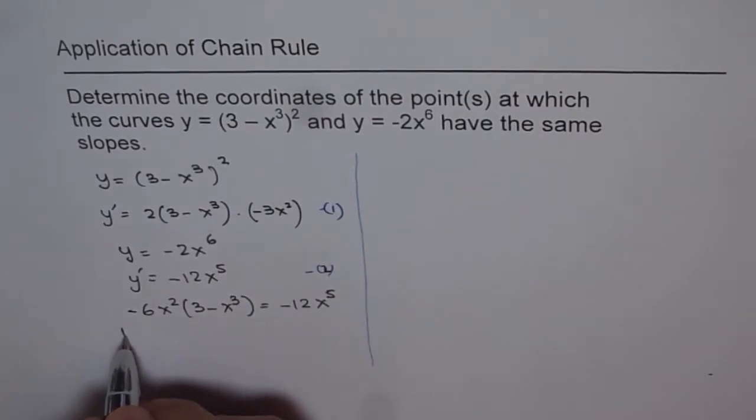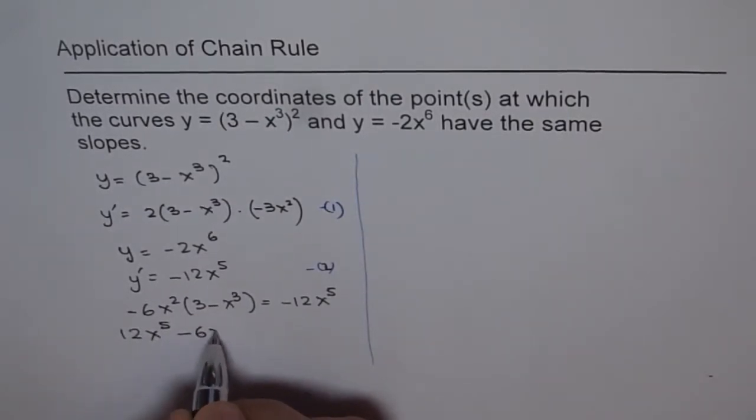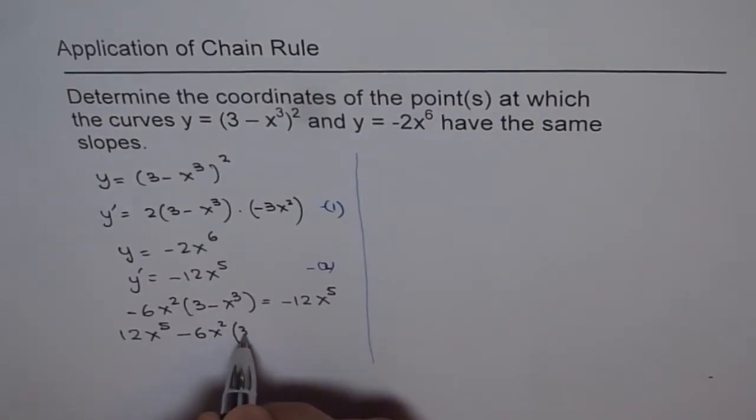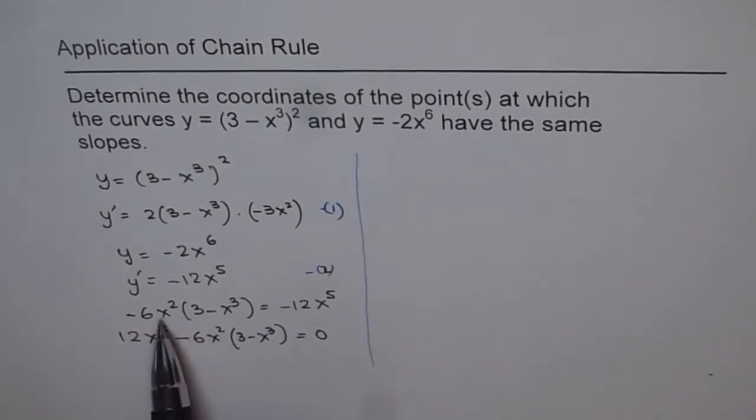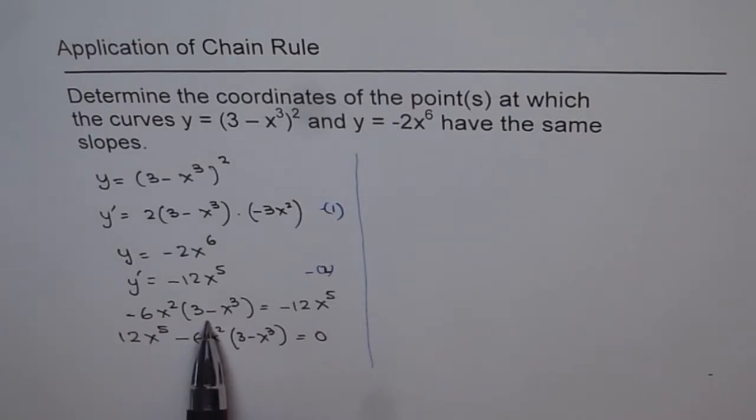So we get 12x to the power of 5 minus 6x squared times (3 minus x cubed) equals 0. I could have expanded this, but here we have an advantage. We have a common factor of 6x squared, and therefore there is no point in expanding this particular expression, right? That is why we're just keeping it like this.